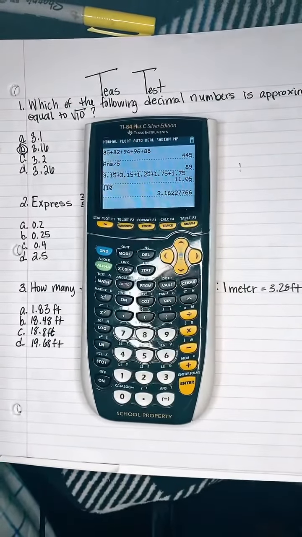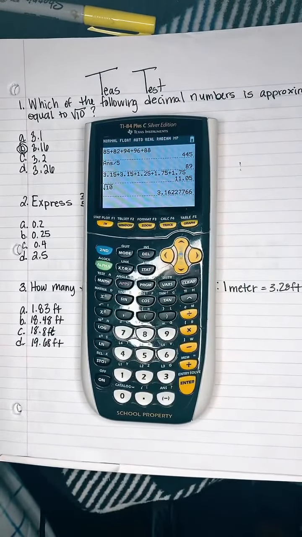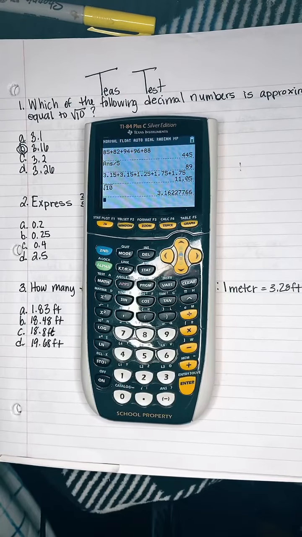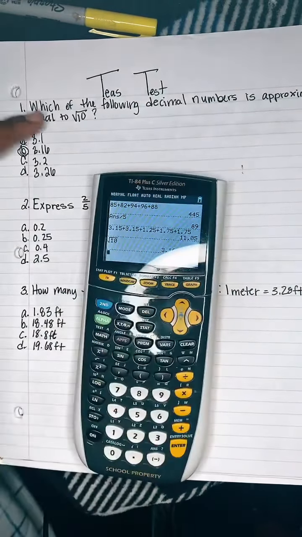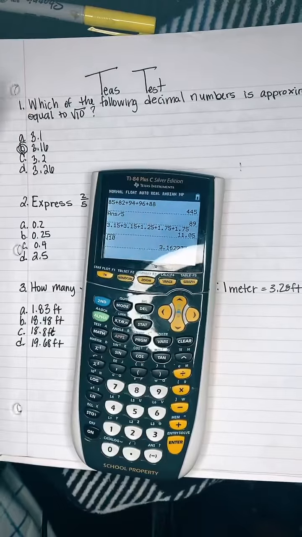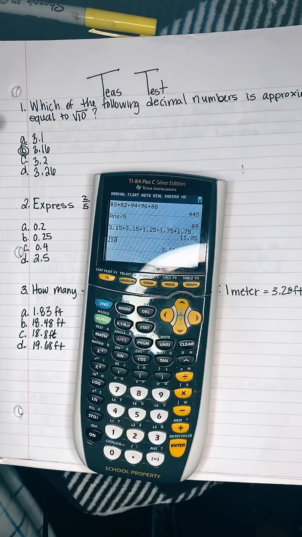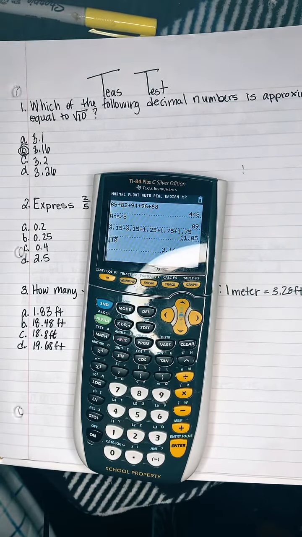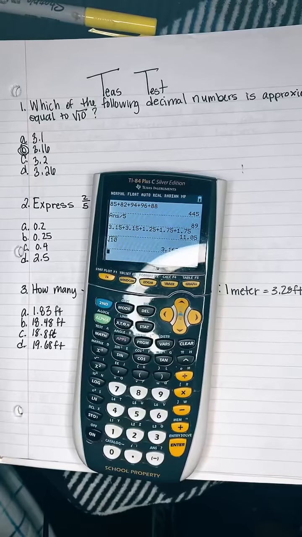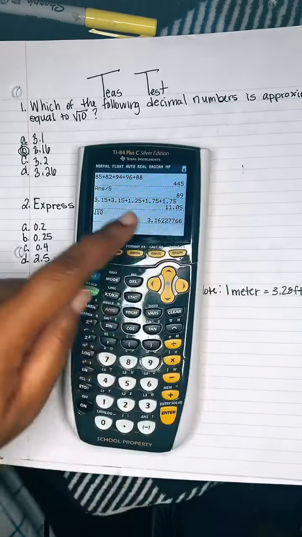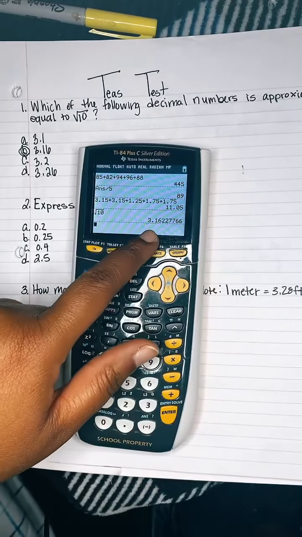Let's see, 3.16. See, that's tricky, because I wish they would have said round to the nearest hundredths or round to the nearest tenth. But it just says approximately equal to. To me, B is the most precise answer.